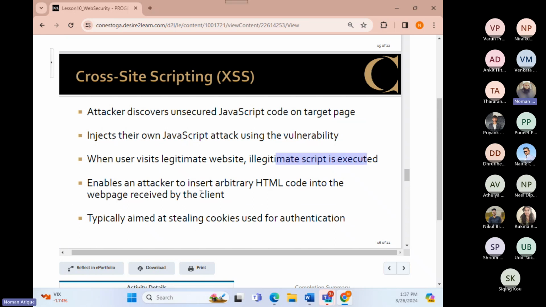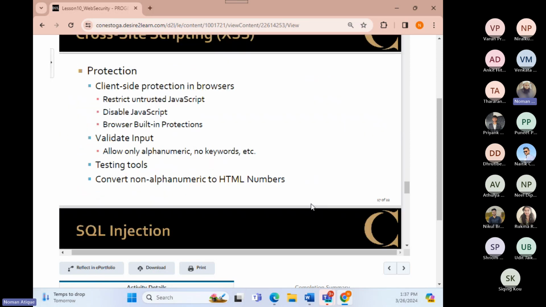Now, it enables an attacker to insert arbitrary HTML. So it will insert some other HTML, and that would be received by the client. And the client might again be compromised. Typically aimed at stealing cookies used for authentication. So cross-site scripting is mostly used for stealing cookies, because cookies have important information that you don't want to share.